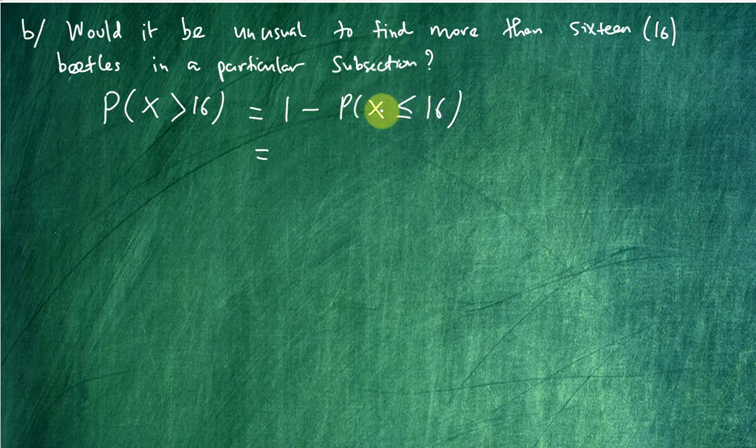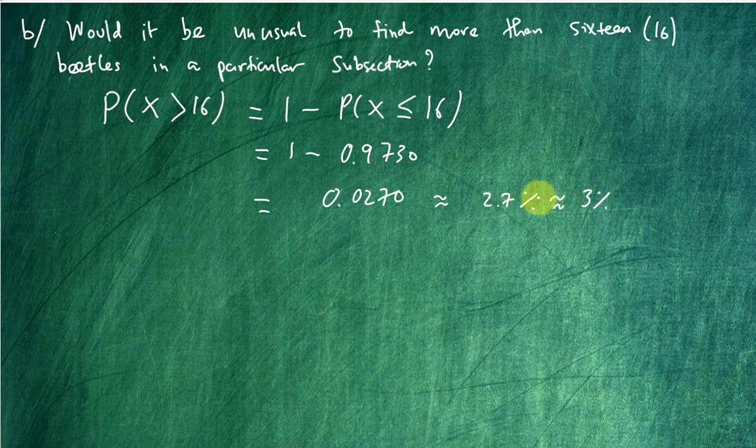And we can find P of x is less than or equal to 16 to be 0.9730, and you should get the answer of 0.0270, and that is about 2.7%. And you can round it up to about 3%.